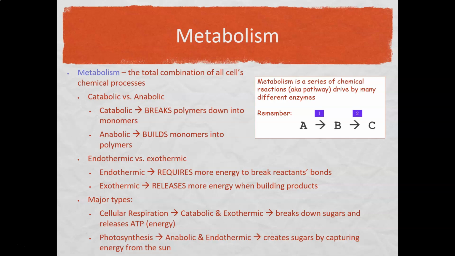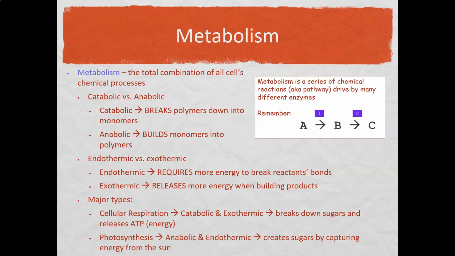We could also layer on top of that idea the energy requirements, right? So how much energy do I need in order to break the bonds in my reactants compared to the energy that gets released when I build products, right? There's always an energy input requirement, there's always an energy output. It's a question of then what's the balance, right? What's the net result?